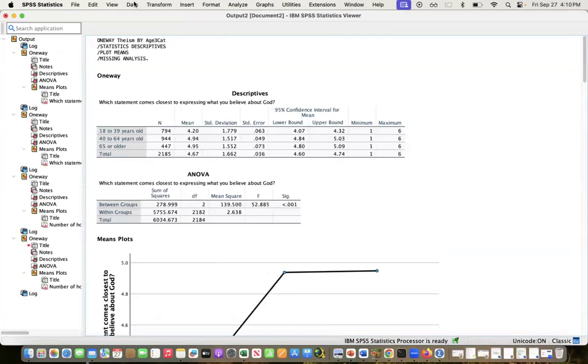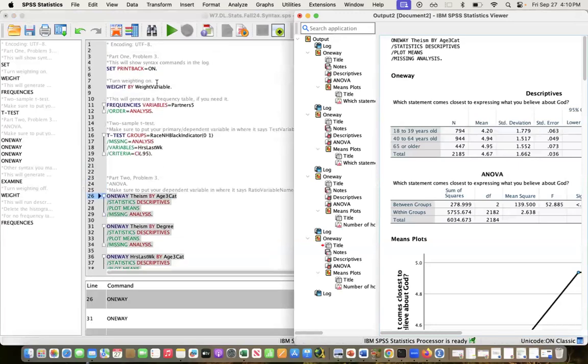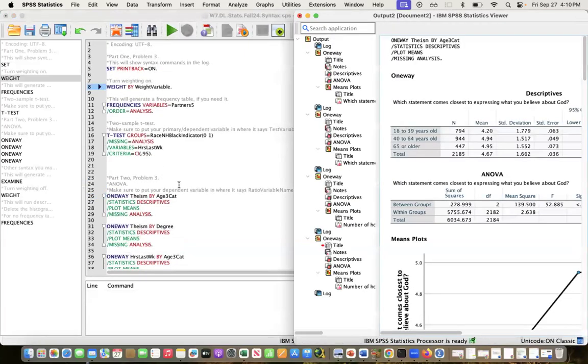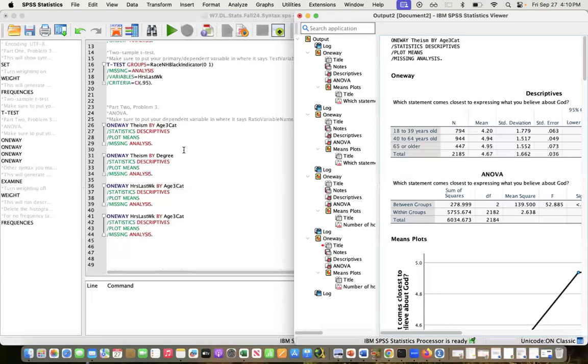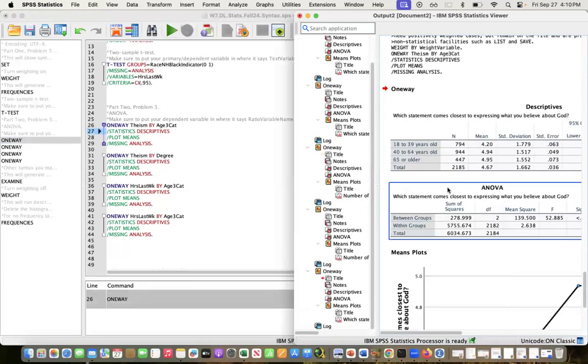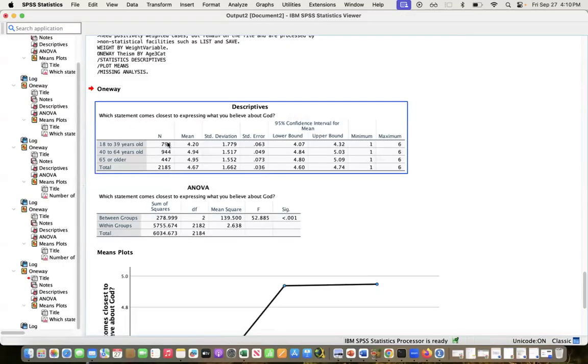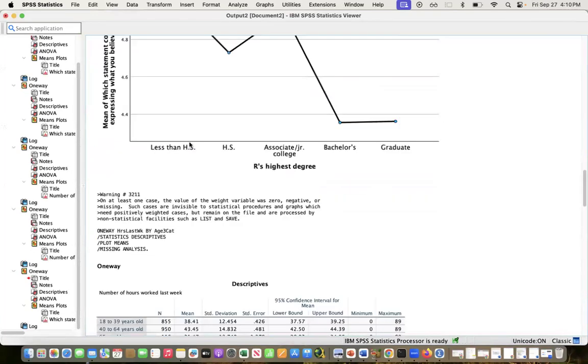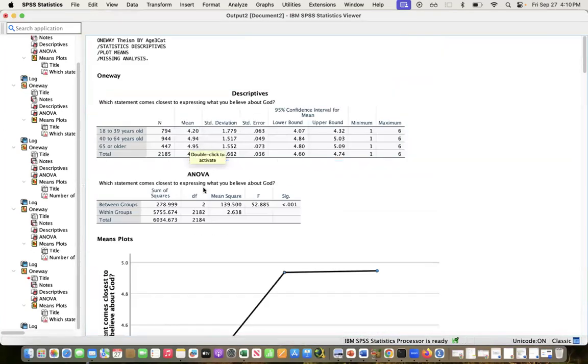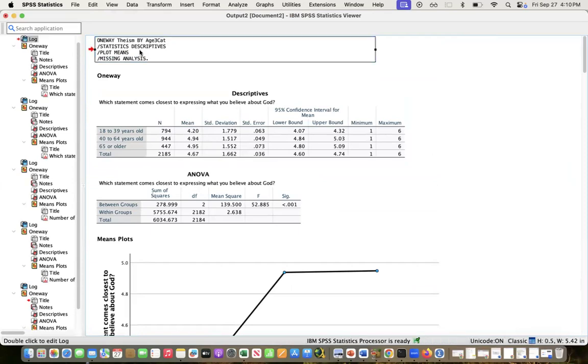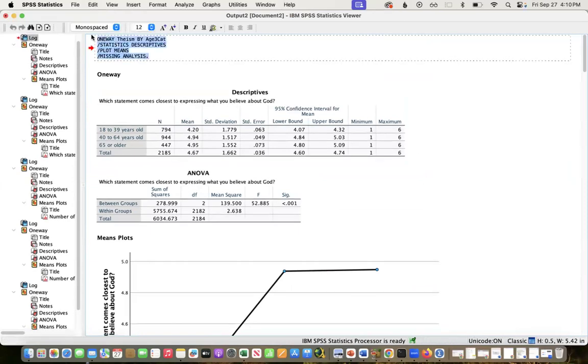Let me make sure that weighting's still on. Let's just see if these match or not. 794 4.2 versus 794 4.2. Yep. Okay. So I had weighting on. Great. Okay. So here's my syntax.